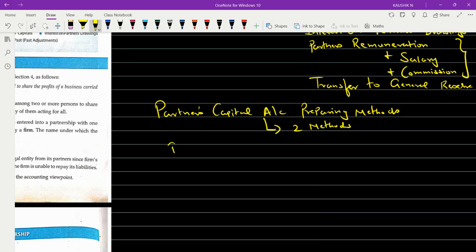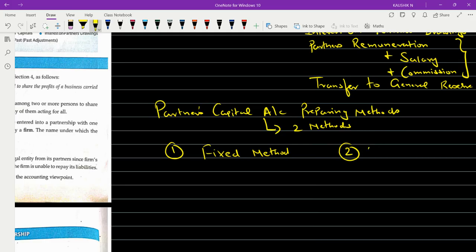What are they? Number one, the first method is called the fixed method, and the other method is called the fluctuating method.